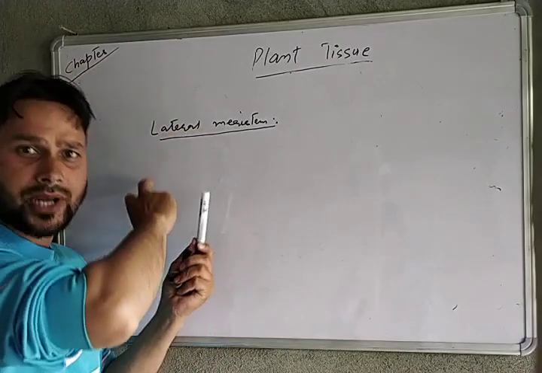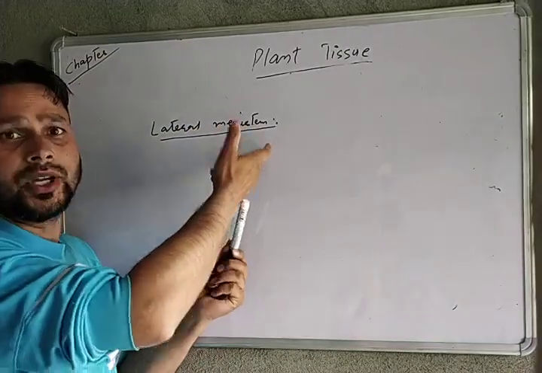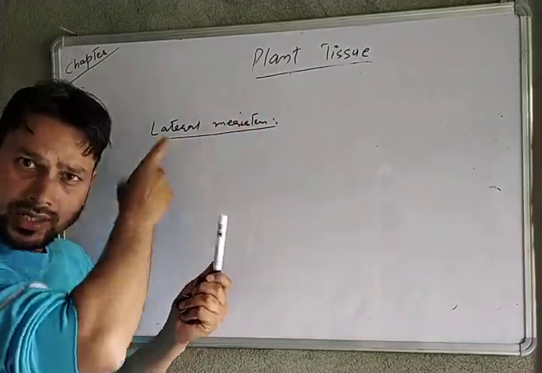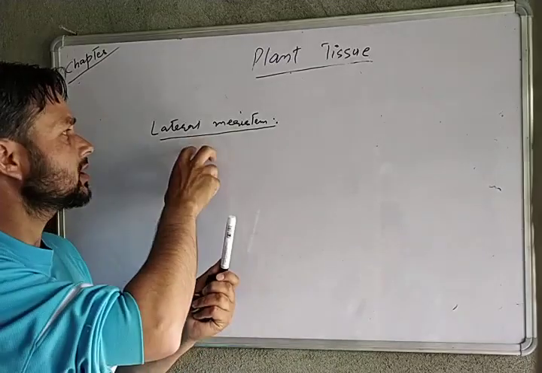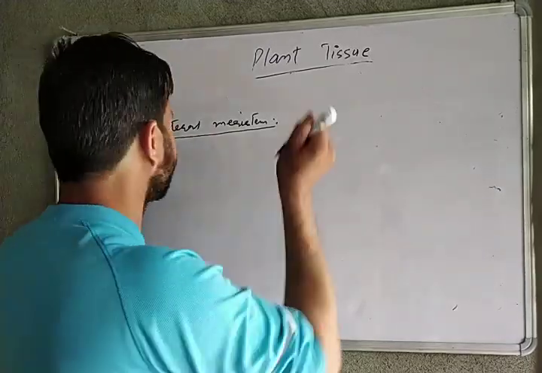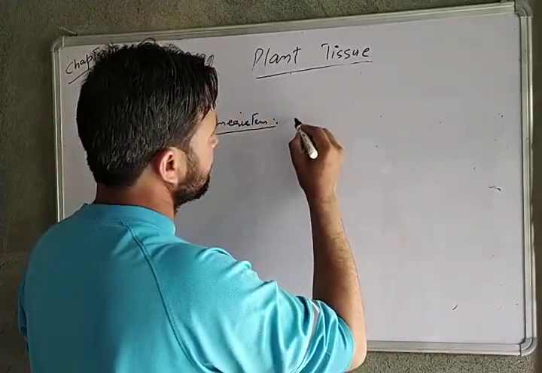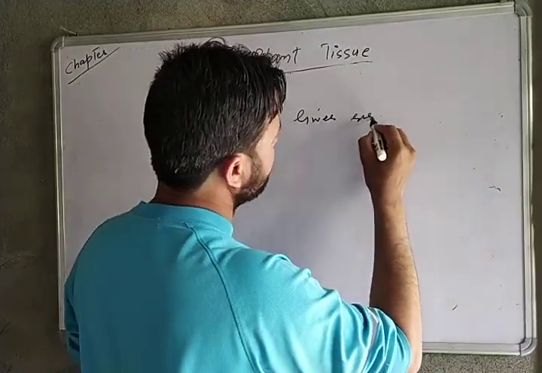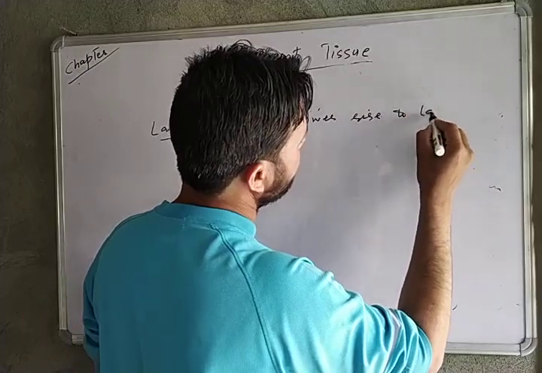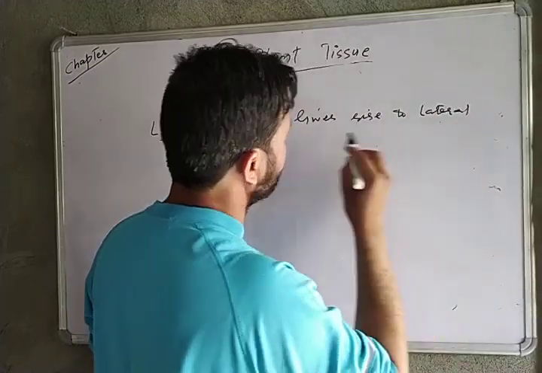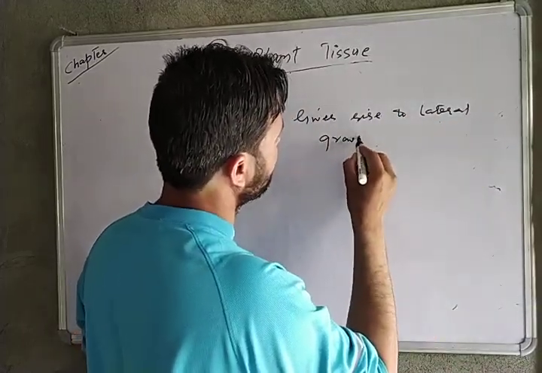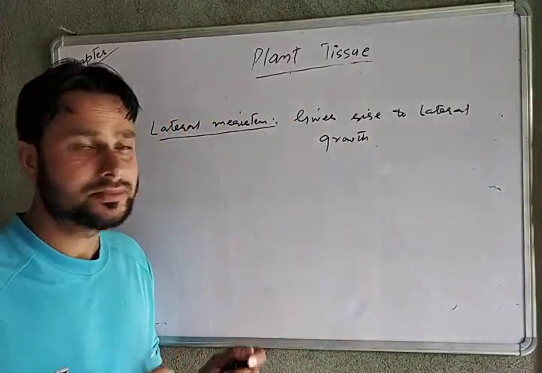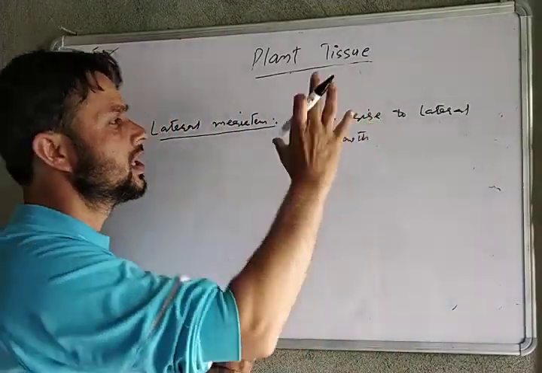Meristem has primary meristem and lateral meristem. Primary meristem has apical meristem and intercalary meristem, and this lateral meristem gives rise to lateral growth.